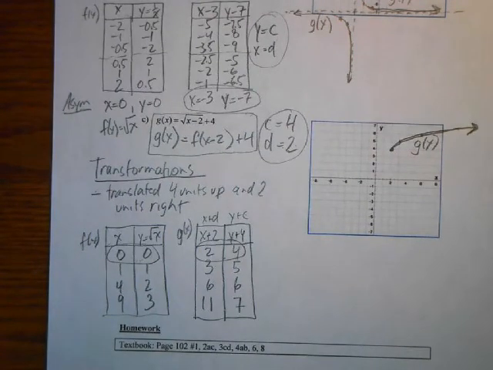Now a lot of these next few lessons are all related. Our next lesson will basically be transformations part 2, which will look at stretches and reflections. Stretches also include compressions. Those will be the only other types of transformations.